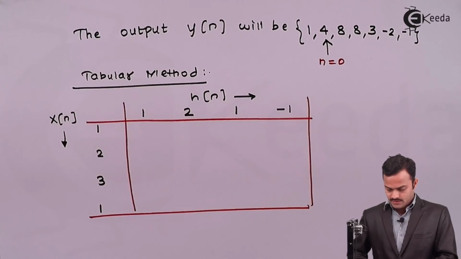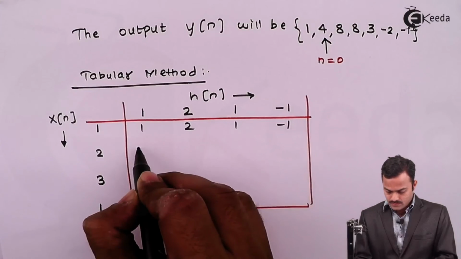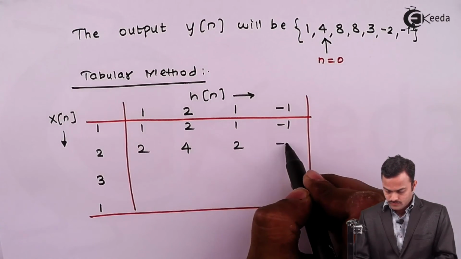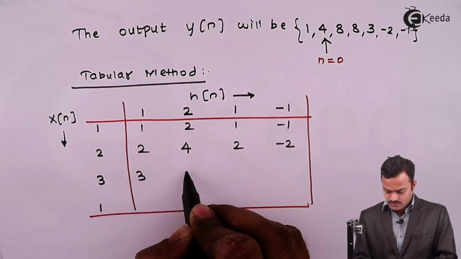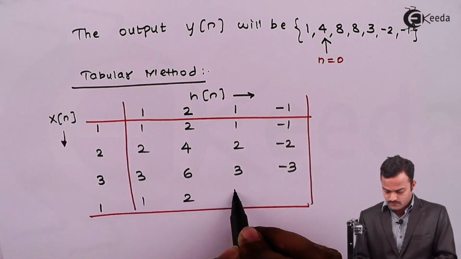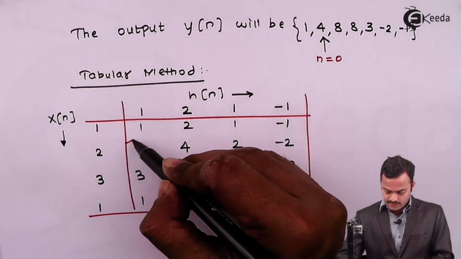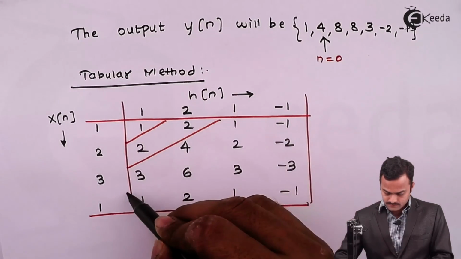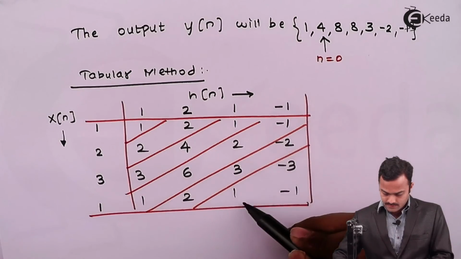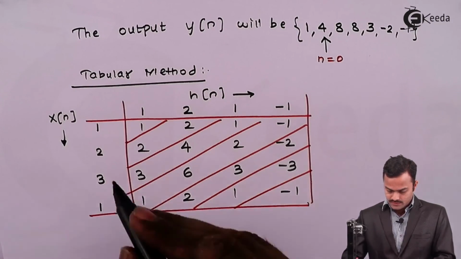So in this table, if we solve this, I will get 1, 2, 1 minus 1, 2, 4, 2 minus 2, 3, 6, 3 minus 3, and finally 1, 2, 1 minus 1. And if we form a diagonal like structure, we can divide this table in this form, and all these things we need to add.